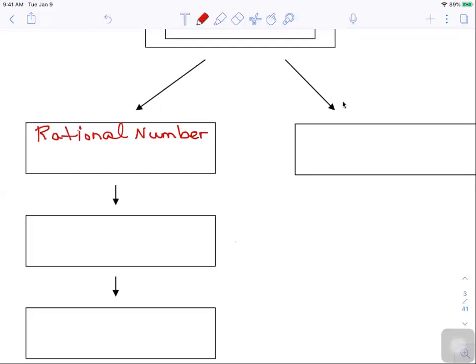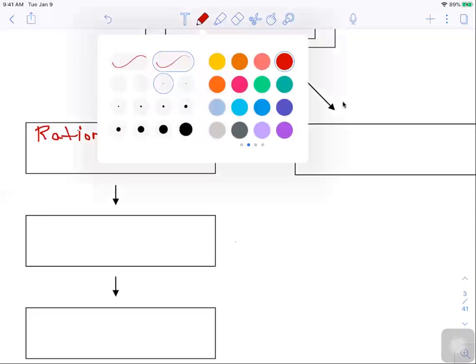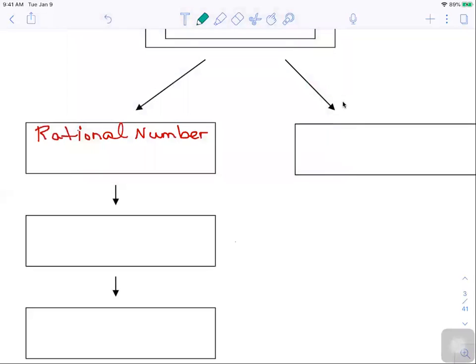Rational numbers are values that can be written as a fraction. So any number that can be written in fraction form would be considered a rational number.